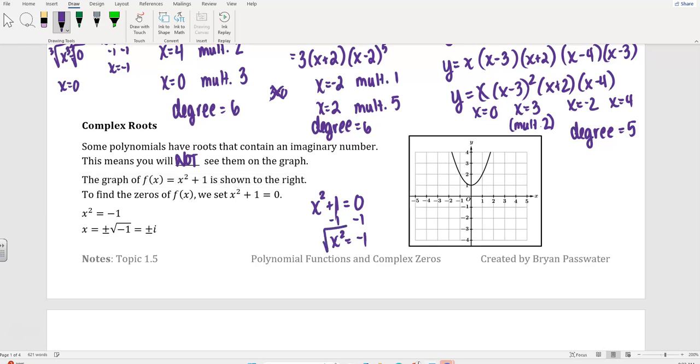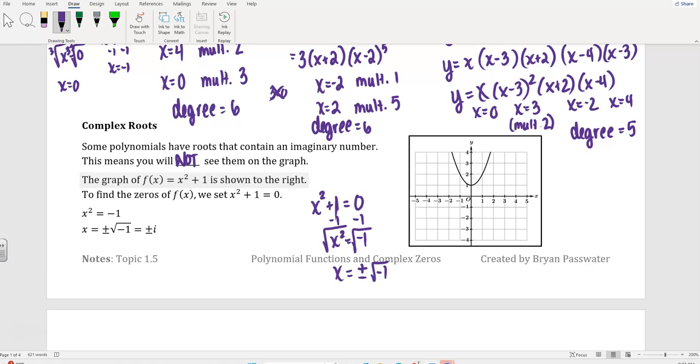Then I could square root both sides to get rid of that square. So x equals plus or minus the square root of negative 1. Remember that when we square root both sides of an equation, we need to put that plus or minus there because we could have a positive or negative value that would work.